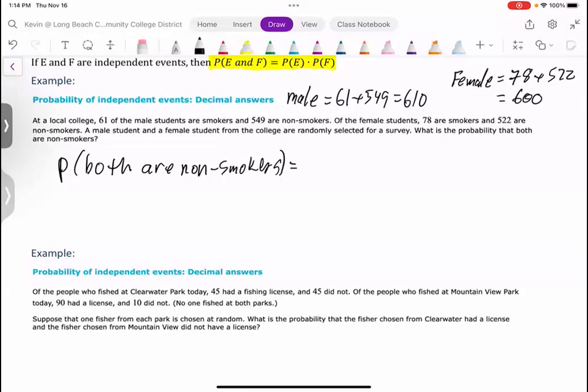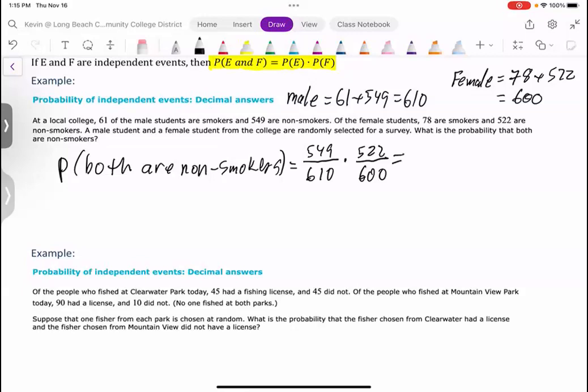Well, there are 549 male non-smokers out of a total of 610. And for the female, there are 522 out of a total of 600 females. So we need to multiply those together.